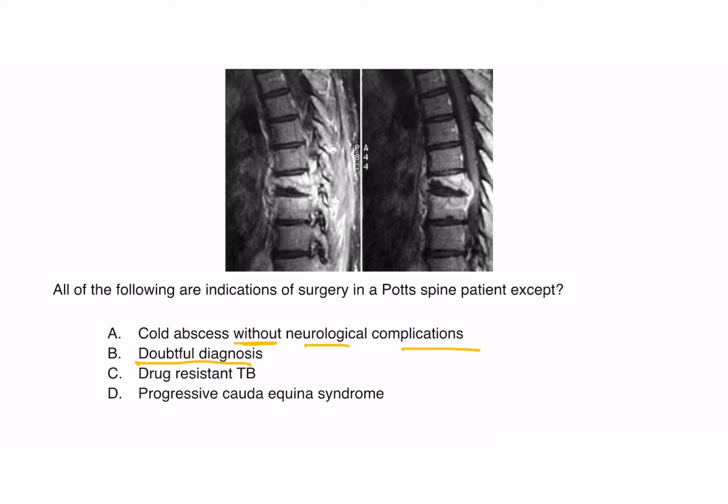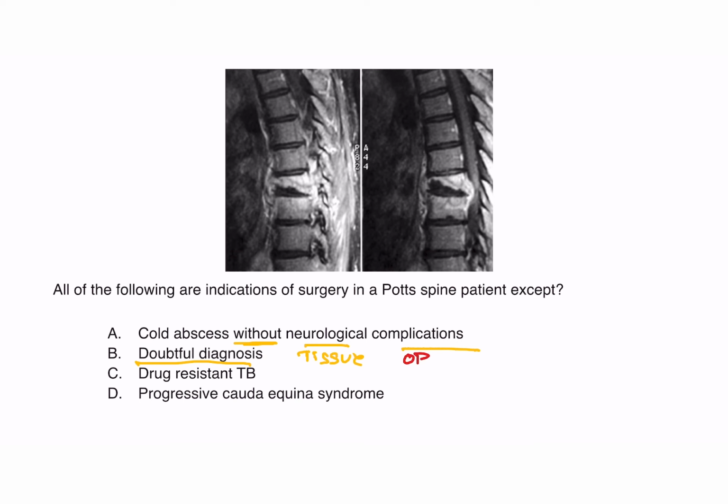Doubtful diagnosis. Whenever you are not sure about the diagnosis, you need a tissue to diagnose, right? The gold standard way to diagnose tuberculosis is culture, and you need tissue. So in case of doubtful diagnosis, you can do operative management.